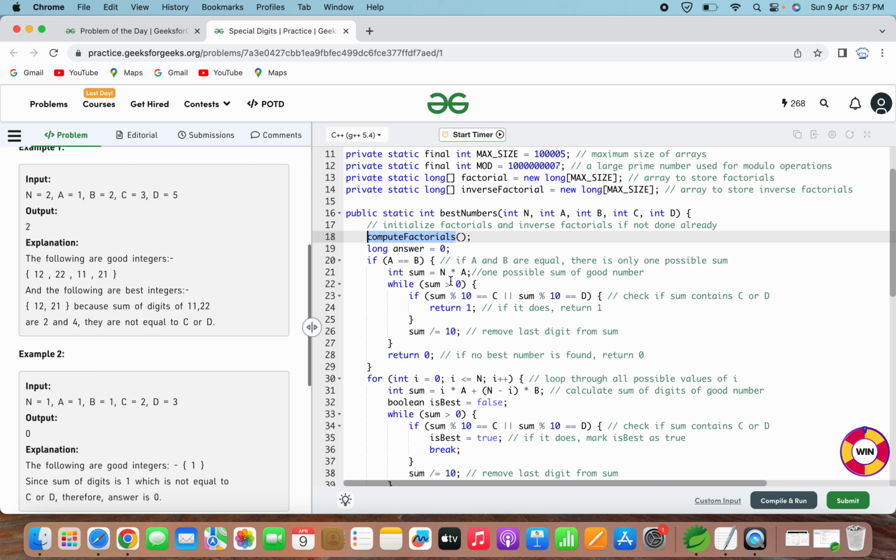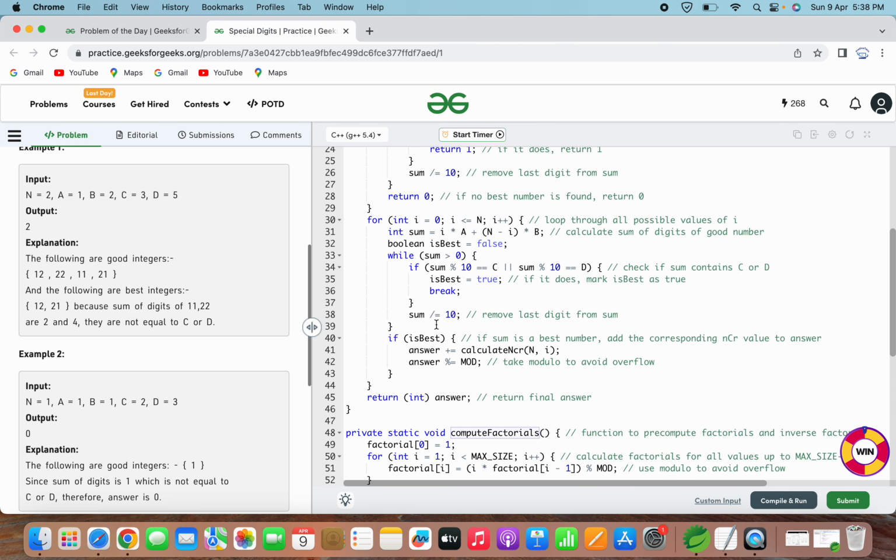If the sum is greater than 0, we check whether at any place in that sum it contains C or D. If it does, then we return 1, and we reduce the number by dividing it by 10, because we are doing the modulus operation by 10 so that we can check each digit. For reducing the number for the next modulus operation, we divide it by 10. And if no such number is found, that means there is no best number, so we return 0. So this was the one scenario.